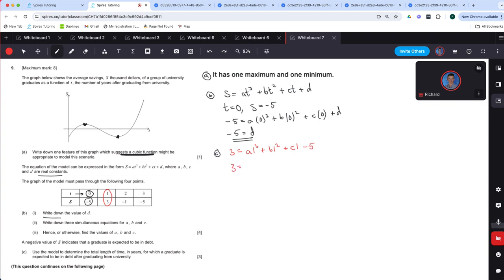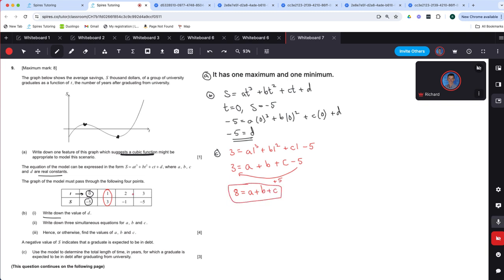So we can tidy this up. 1 cubed is just 1, so that's 1A. 1 squared is 1, so that's just 1B, plus C minus 5. And I'll take my -5 to the other side. If I take it over, I have to add 5 to both sides. So 5 plus 3 is 8. A plus B plus C equals 8. So that's my first equation.